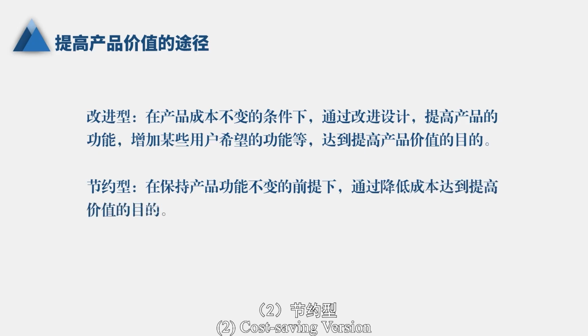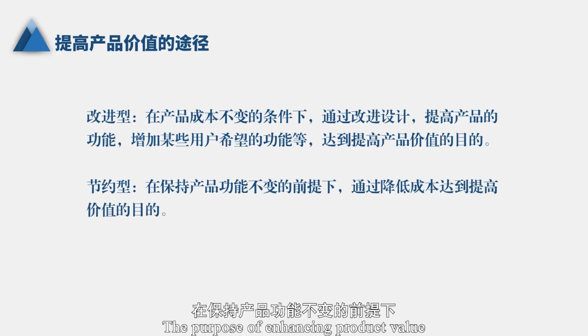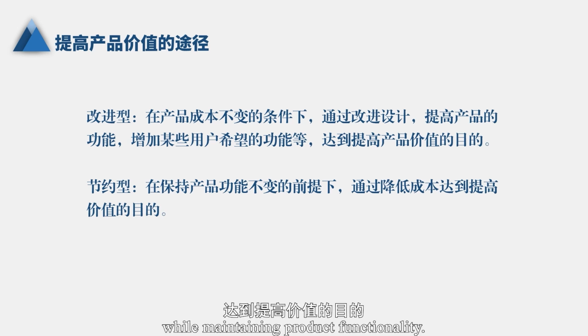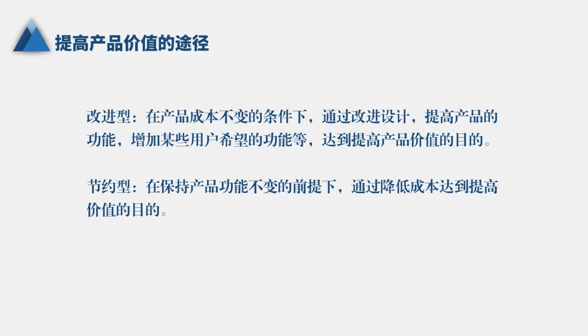Second, cost-saving version. The purpose of enhancing product value can be achieved by reducing costs while maintaining product functionality. In terms of development trends, both scientific and technological levels, as well as labor productivity, are continuously improving.